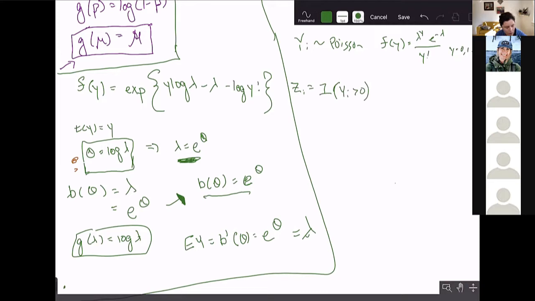So if you have the indicator of yi equals 0, what that means is that zi is equal to 1 if yi is greater than 0, and zi is equal to 0 if yi is less than or equal to 0. And since this is a Poisson distribution, which can only take values from 0 to infinity, zi is going to equal 0 when yi is equal to 0. Does that follow so far? Yep. And so what distribution do we use for binary data?